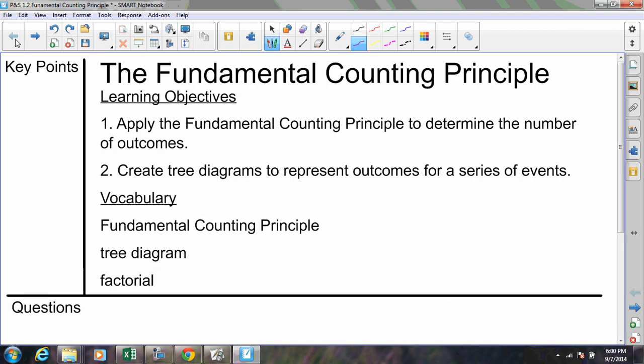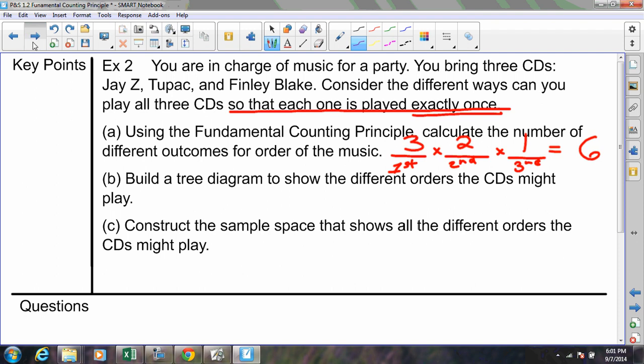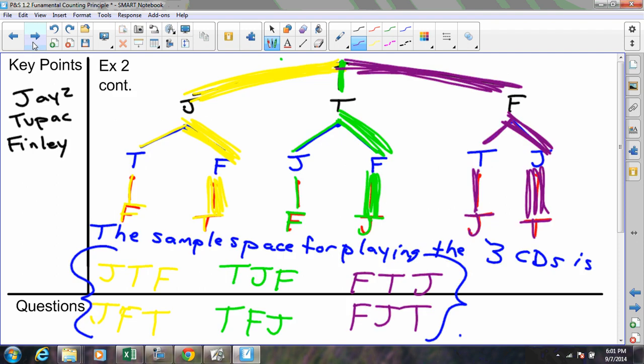Let me remind you of our learning objectives. First, apply the fundamental counting principle to determine the total number of outcomes. And second, use tree diagrams to create or represent the outcomes for a series of events. That includes problems where you have a bunch of repetition in your tree diagram, or there is no repetition in the tree diagram like the CD problem.